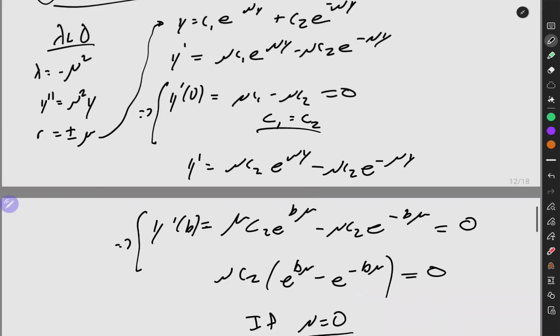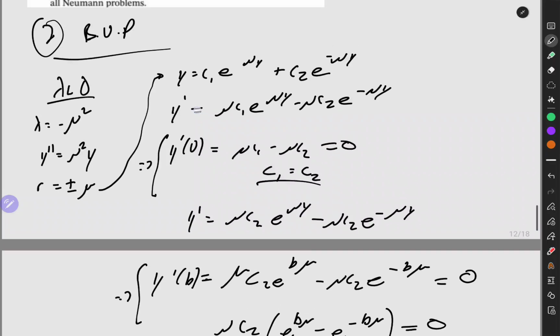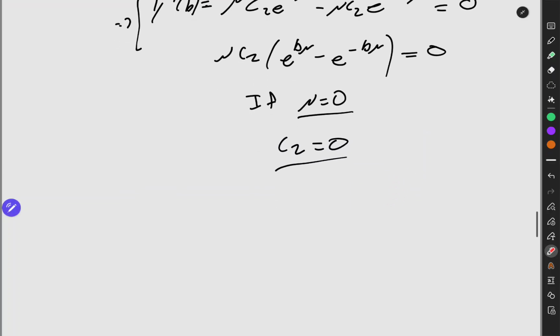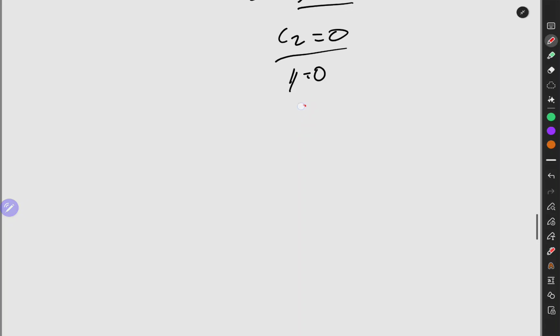If C2 is 0, we know C1 is 0, then y is going to be C1 times that plus C2 times that, this right here, right? That is 0, that's 0, y equals 0. Only trivial, right?